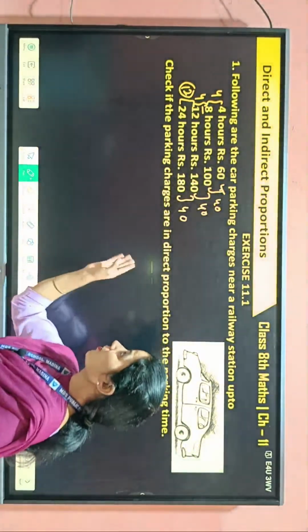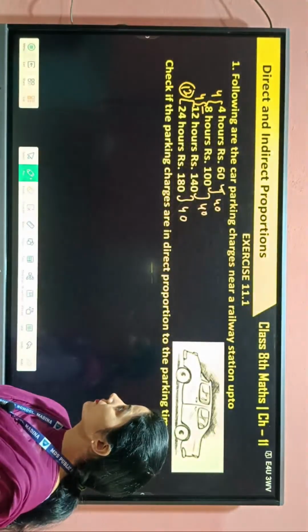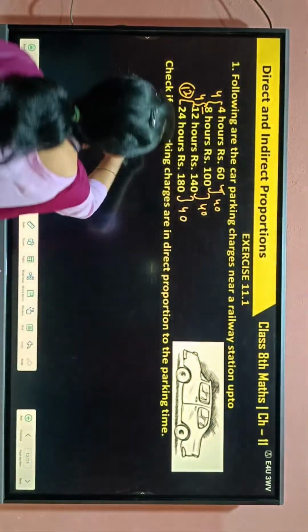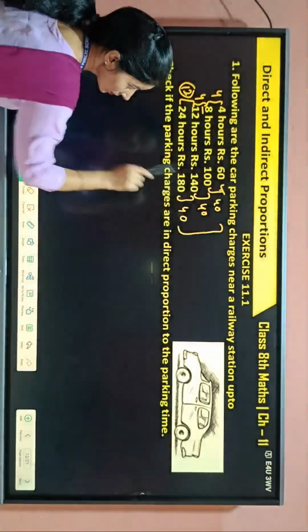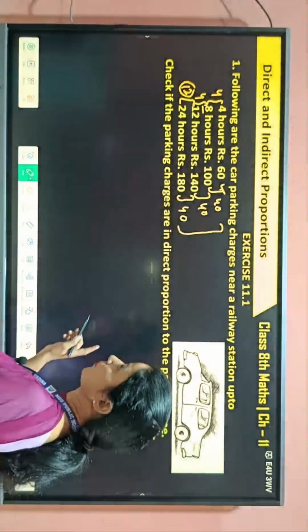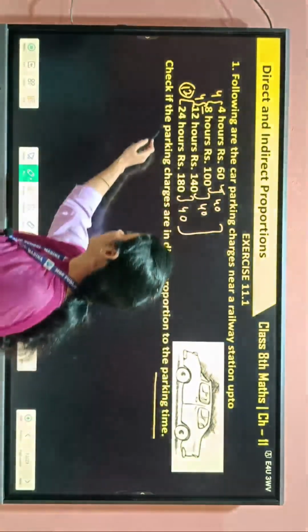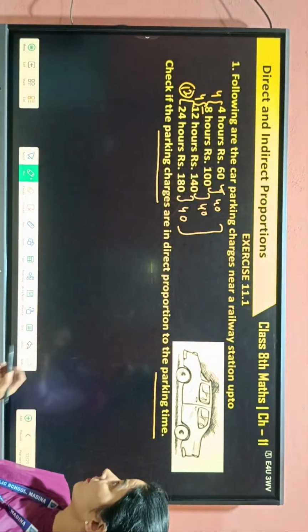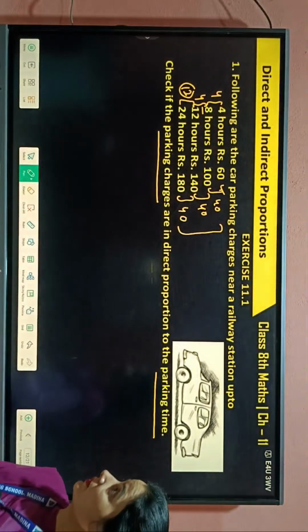So time is not increasing in definite proportion according to the charge. Parking time is not in proportion with parking charge. So this is not an example of direct proportion.